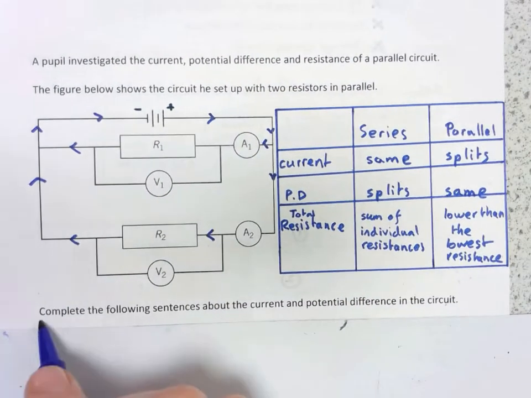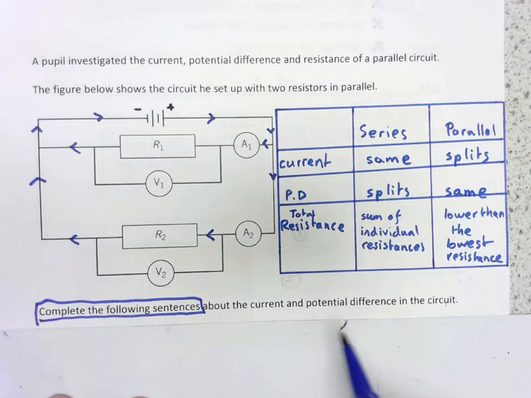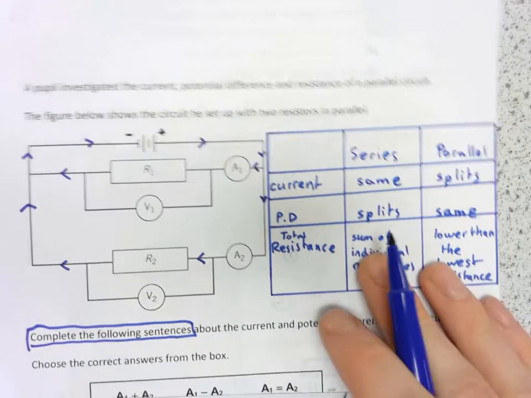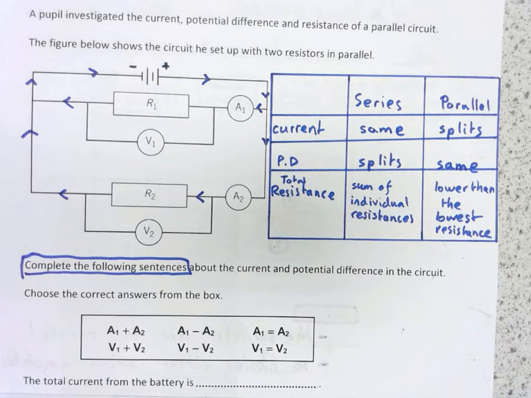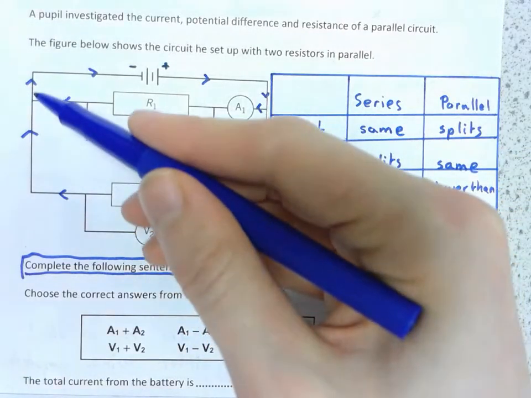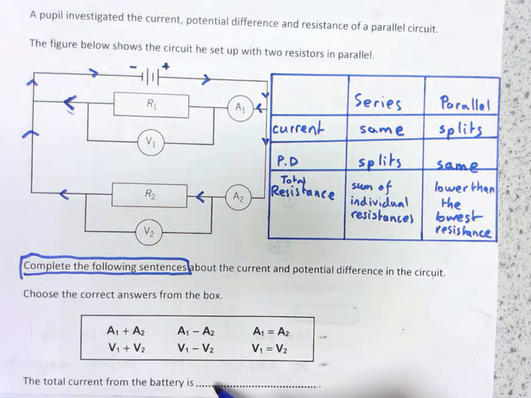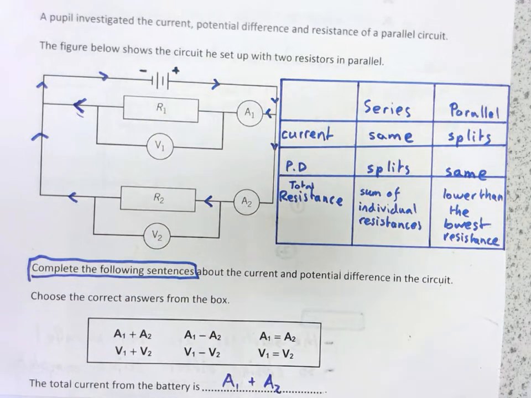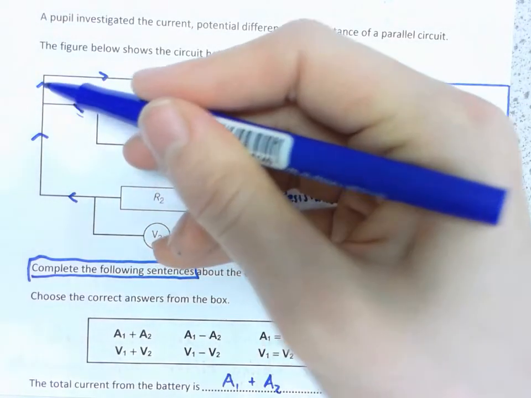Complete the following sentences about the current and potential difference in the circuit. The total current from the battery splits up and then rejoins back together. So the total current is adding up the current in each one, because they need to add up when they join back together.